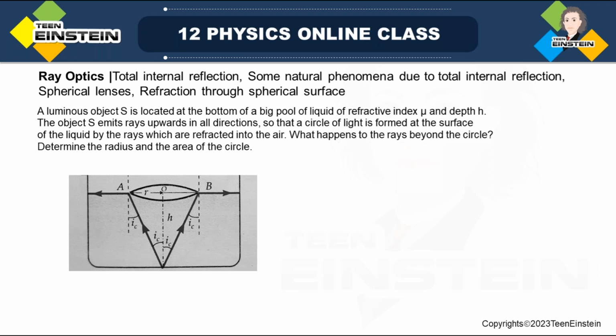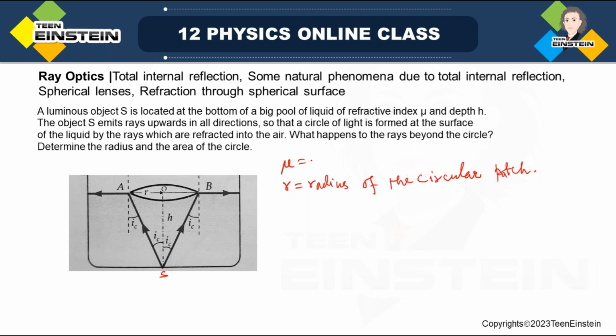So let us see, this is S, okay, and let us take the radius of this patch to be small r. Mu is the refractive index given, r is the radius of the circular patch, okay.